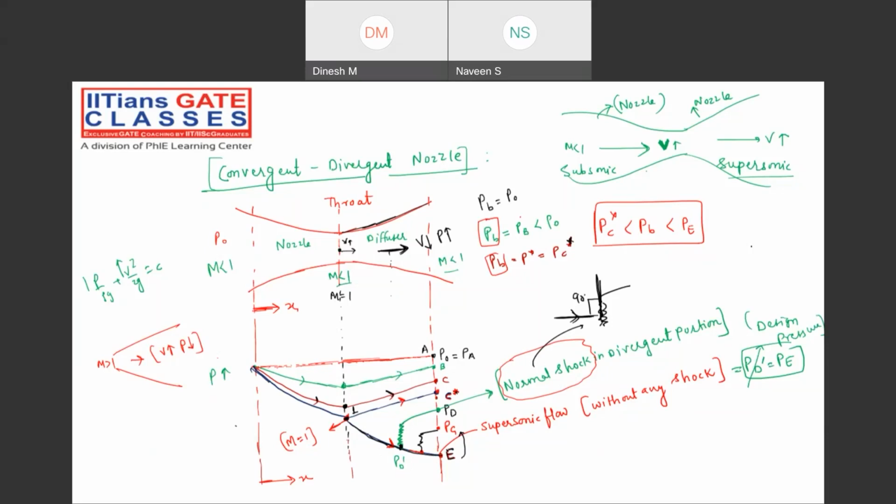Suppose you are very much greedy and you still want to have the maximum mass flow rate through the particular converging divergent nozzle, and you maintain the pressure to be PI. Then what will happen? Nobody can stop you from destroying the rocket like anything. You will be having expansion shock wave outside the nozzle.